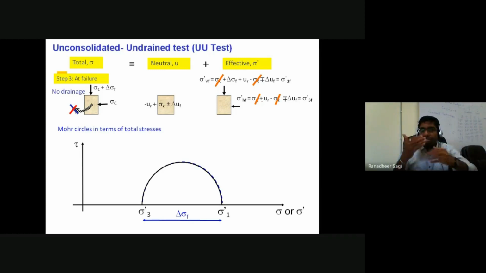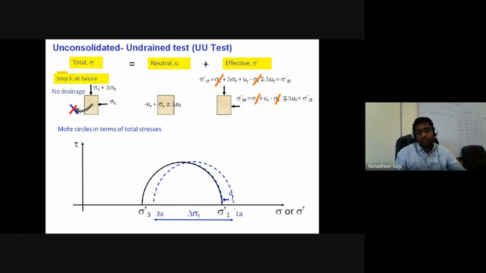When I say that the increment in deviatoric stress in the vertical direction for sample 1 or sample 2 or sample 3 is coming out to be the same, it means that the radius of the Mohr circles you are going to be plotting for the considered total state of stress condition are going to have the same radius. Same radius in the sense that the same deviatoric stress was required to cause shearing in sample 1, sample 2 and sample 3.